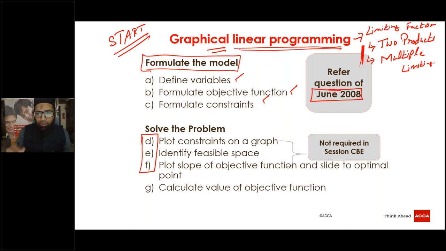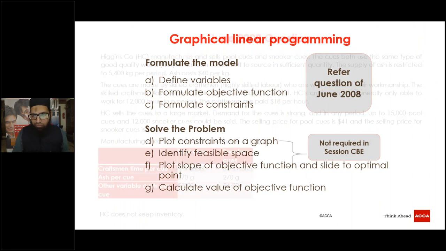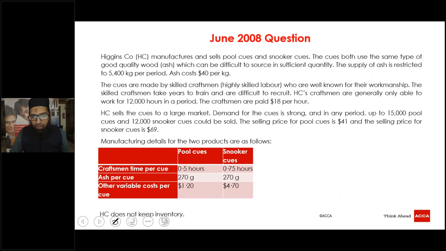I will be taking this question and solving the complete linear programming model with you. This is the question on your screen. I'm leaving you for around 4 minutes, which will be enough for you to read the information. So please read the information and then I will come back to discuss that.